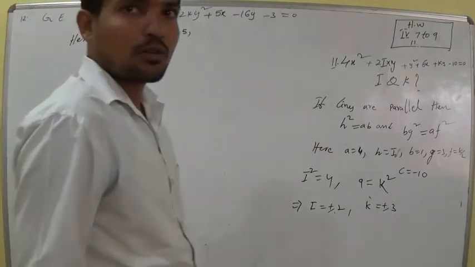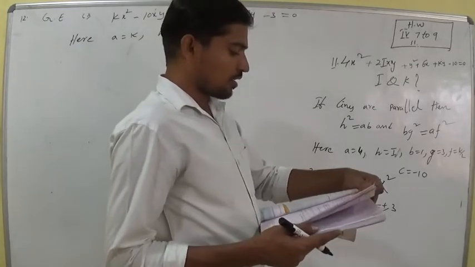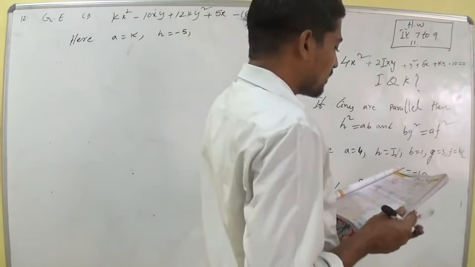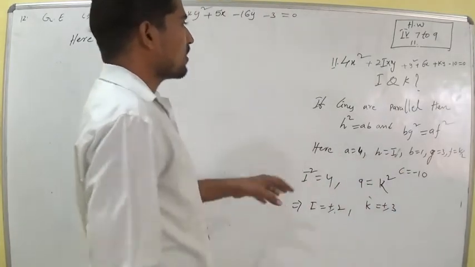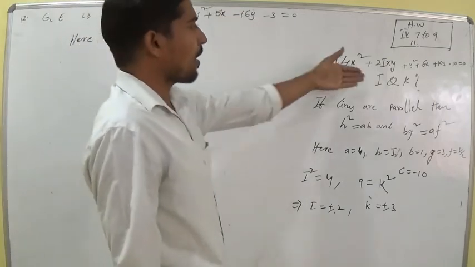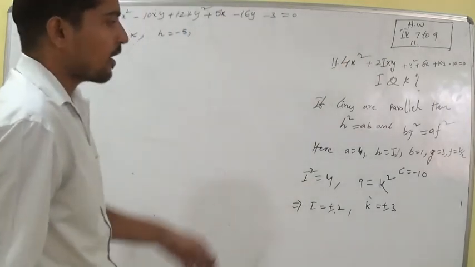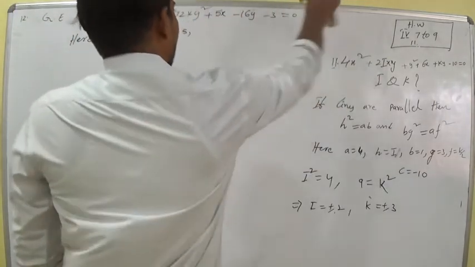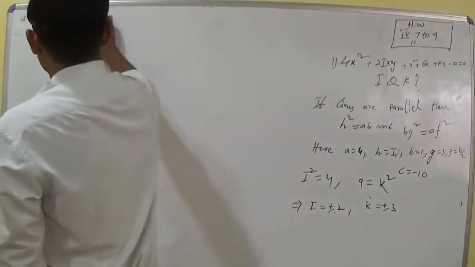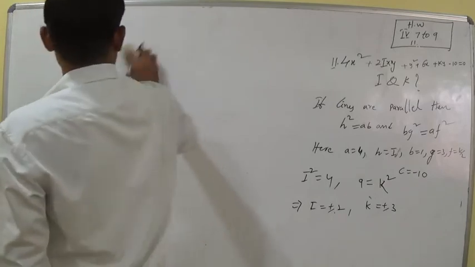Now the 13th and 14th are remaining. See children, the 12th process is the same as the 11th. The 13th and 14th are very easy if you understand them.